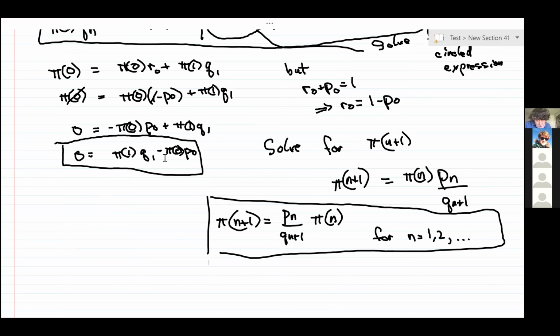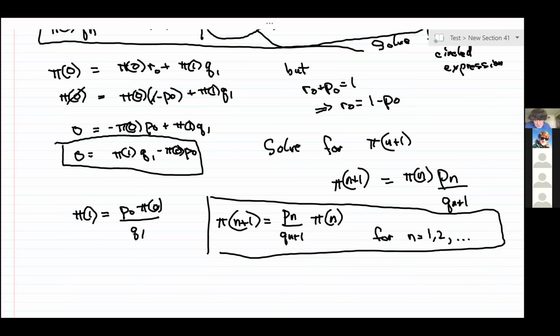This one over here also gives us something similar. So if we just solve for this one, we would get pi 1 is equal to P0 pi 0 all over Q1.